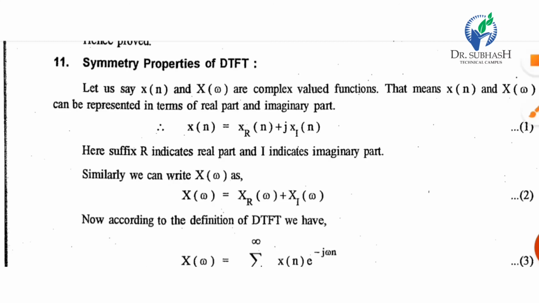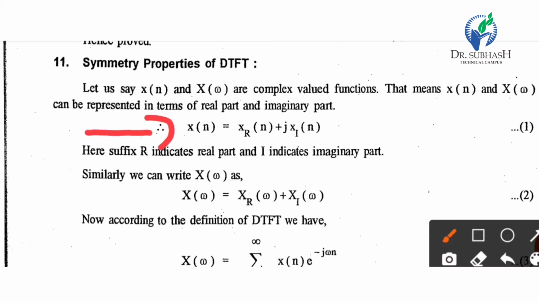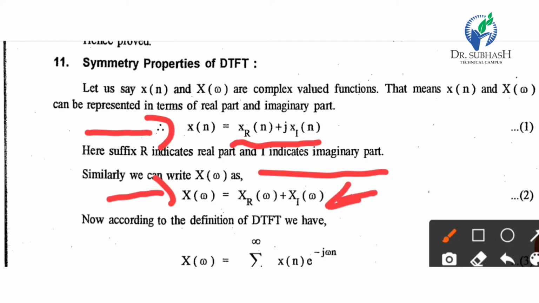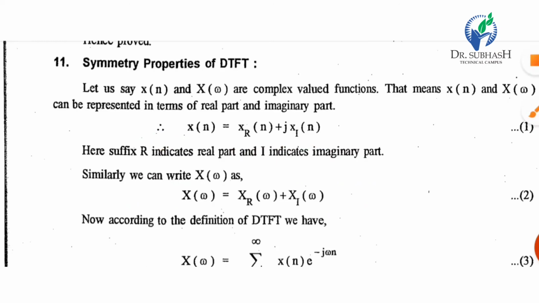So x of n equals x real part of n plus j x imaginary part of n, where suffix r indicates the real part and suffix i indicates the imaginary part. Similarly, we can write x of omega equal to x real part of omega plus j x imaginary part of omega. In this property we just have to keep this in mind.